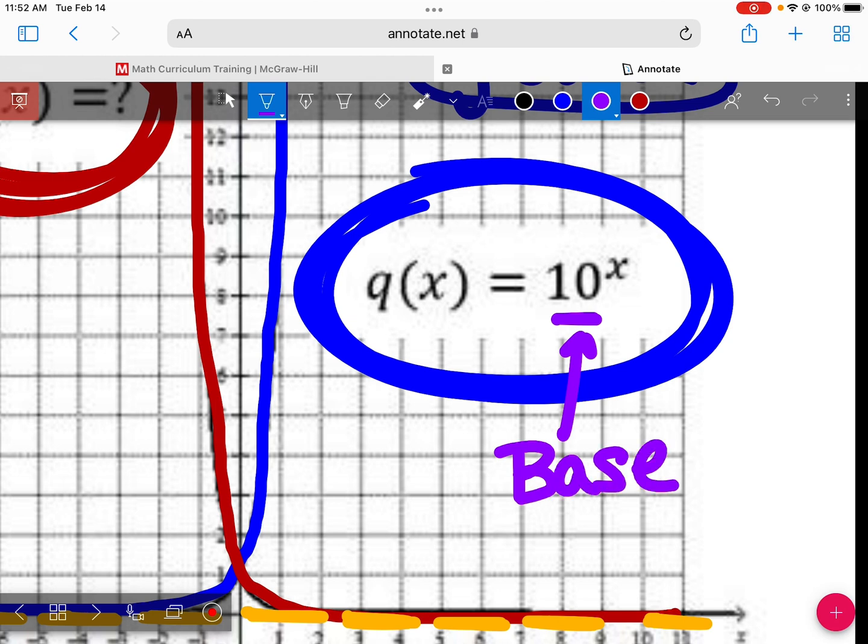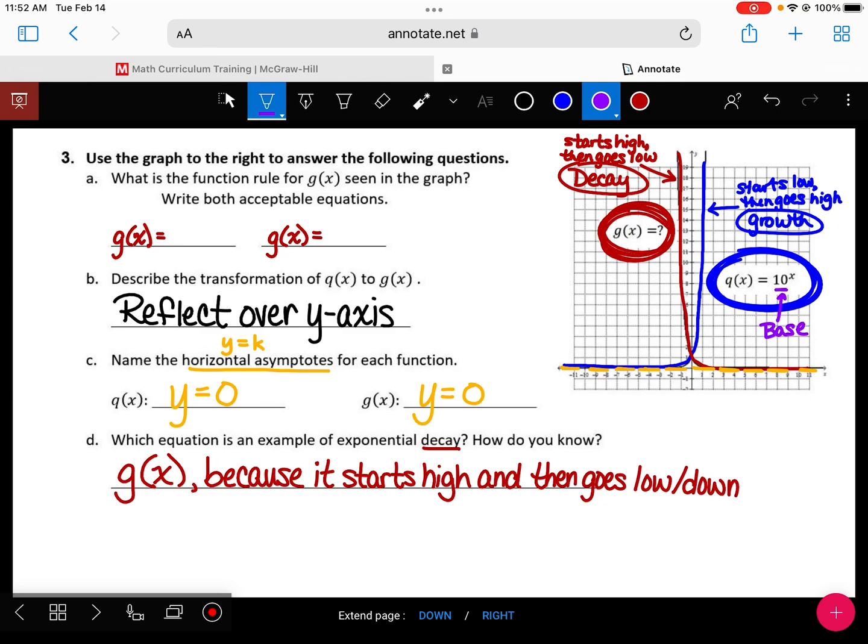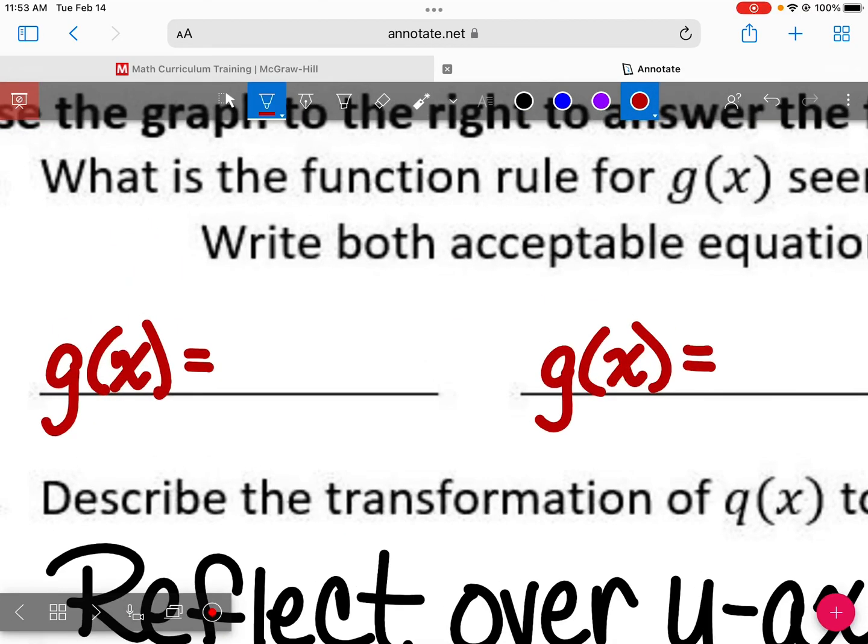Up on number 1, we said that there were 2 different ways that I could know something is exponential decay. If what's negative? The exponent. So to get that reflection over the y-axis, same base, but with a negative exponent. That'll take it and just flip it over the y-axis.